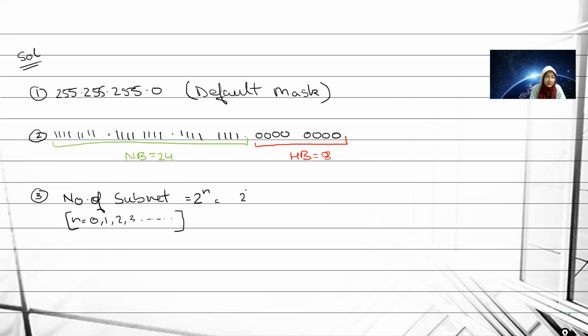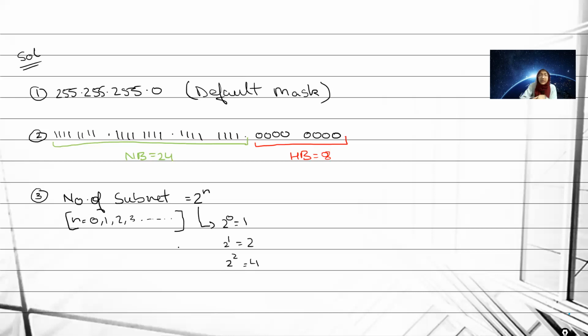So 2 to the power 0 is 1, 2 to the power 1 is 2, 2 to the power 2 is 4. So we didn't get exactly 3 here.